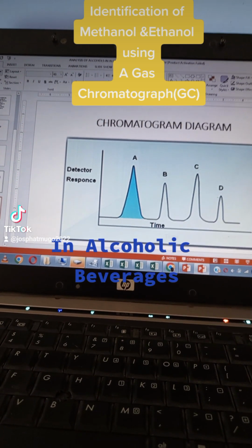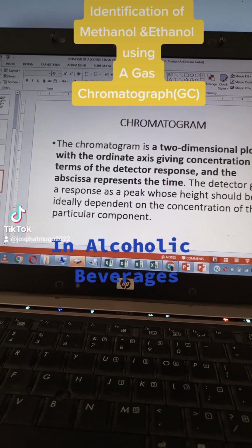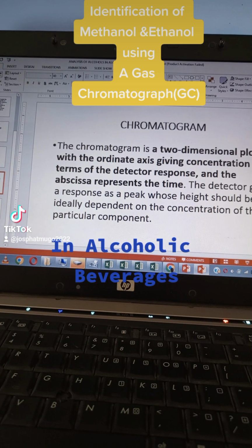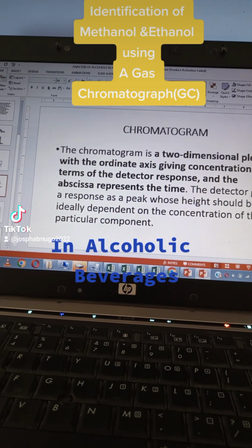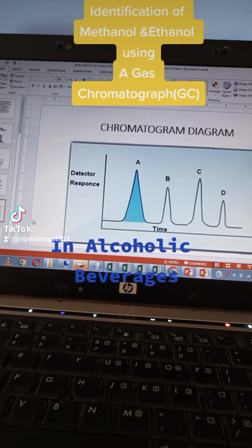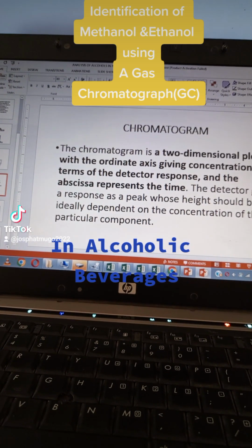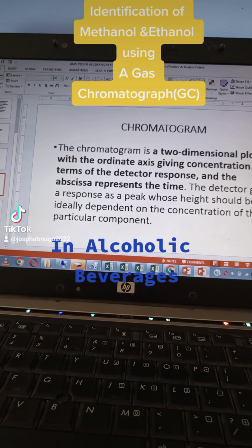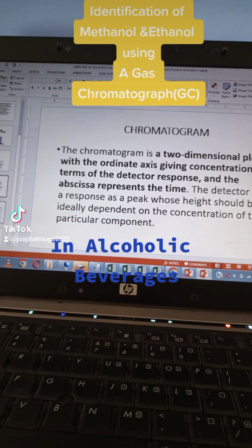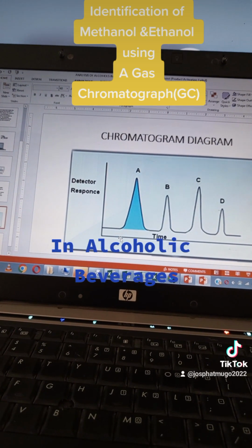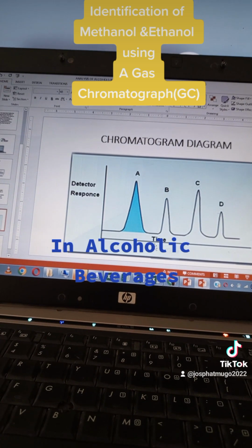A chromatogram is basically a two-dimensional plot with the ordinate axis giving concentration. This is the ordinate axis. Then we have the abscissa axis, which represents the time.